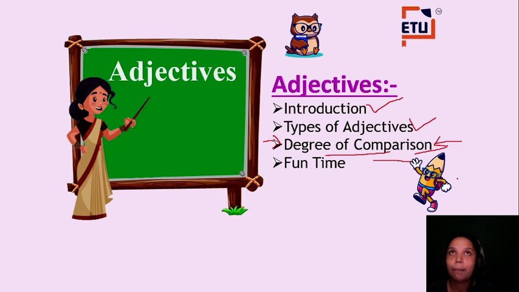Remember the word big. What is the word big? Big is an adjective, right? Now let us imagine we use the words big, bigger, and biggest. I'm giving you just an example. Look at this pen.